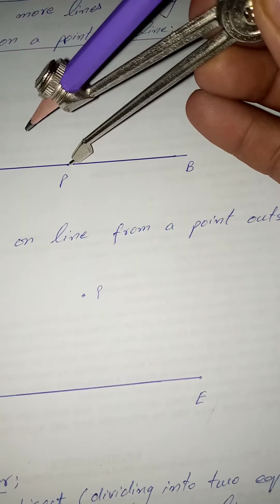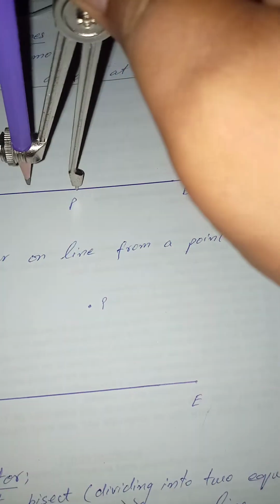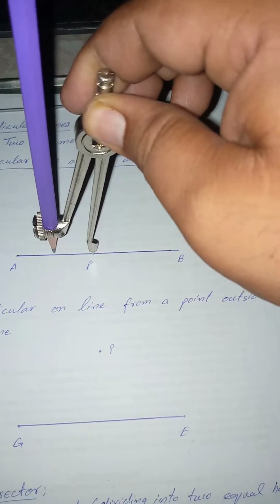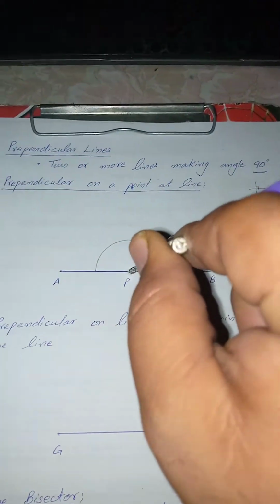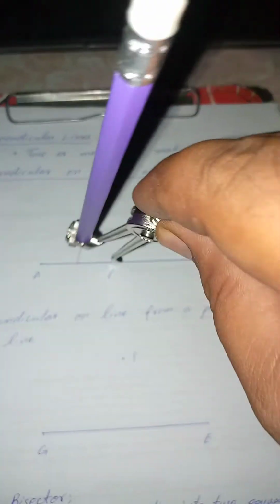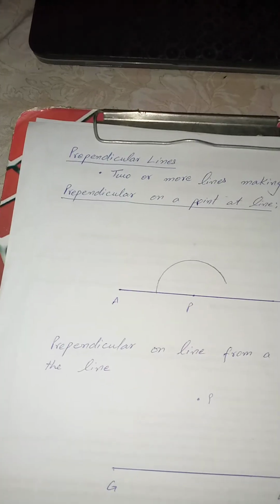We will place the needle at P and we will draw the semicircle on this line. Okay, now this is completed.